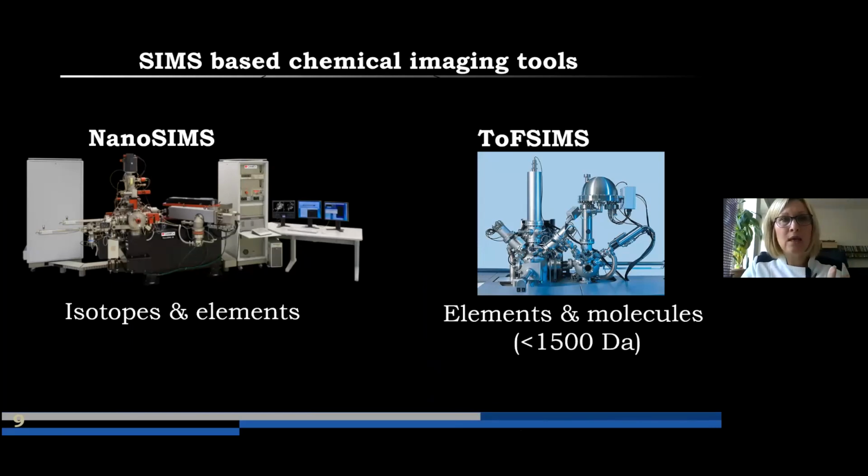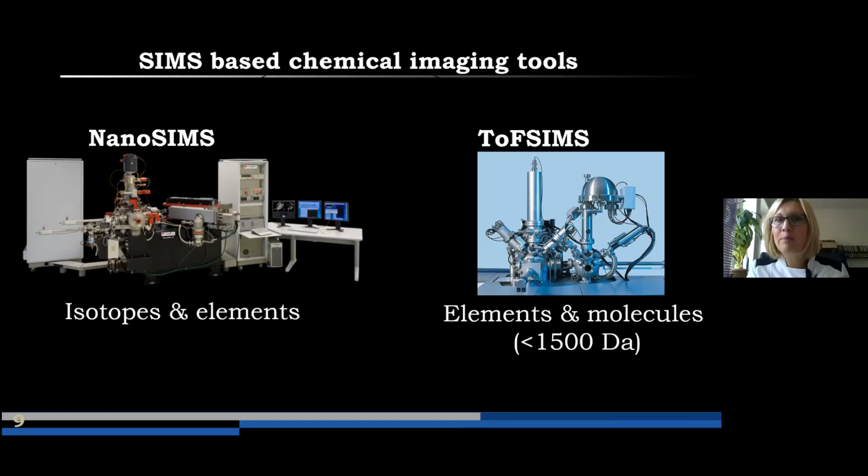So NanoSIMS, on one hand, is very good at providing isotopic ratios and measuring isotopes and elements, but we are mostly using it for providing isotopic information. And the values we obtain with this instrument are really quantitative.